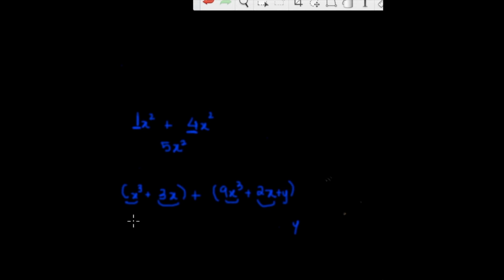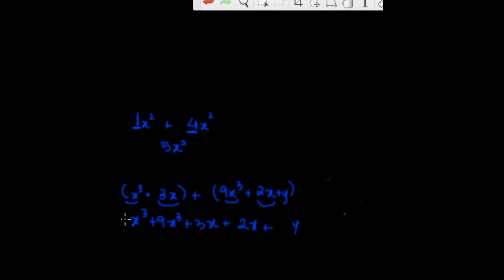And then you have x cubed. So while trying to add two different polynomials, it's better to put the like terms together to ensure that you don't make any mistakes. So you'd say it would be x cubed plus 9x cubed plus 3x plus 2x plus y, and then you just need to add the coefficients of the terms together.